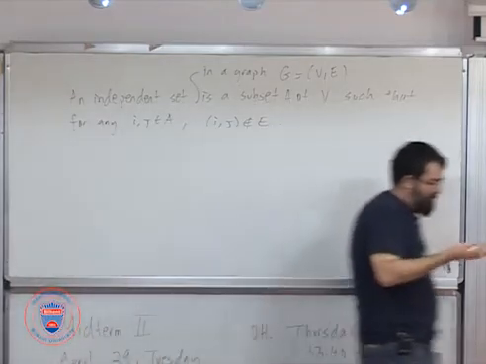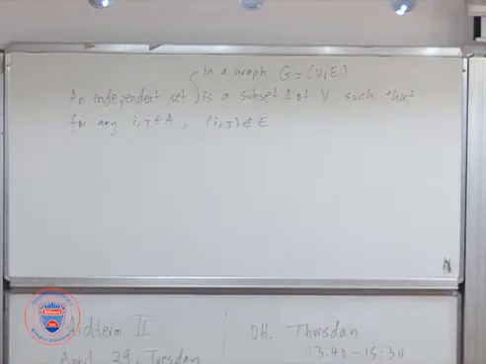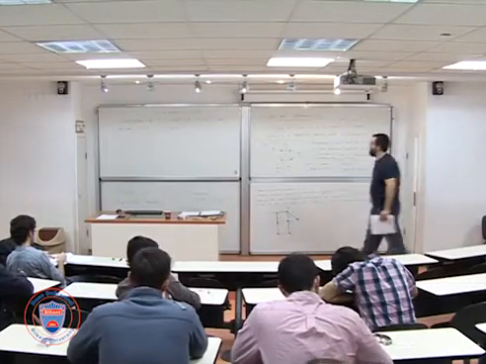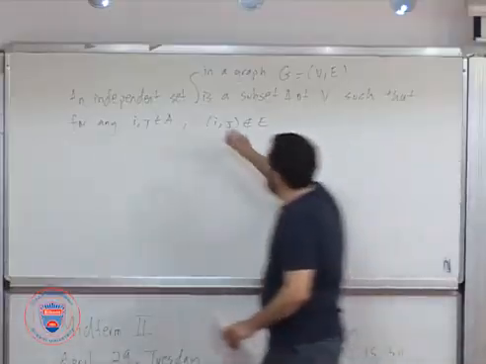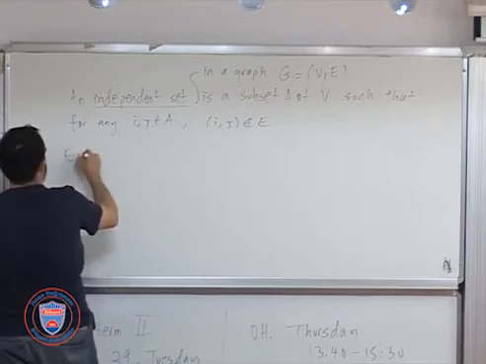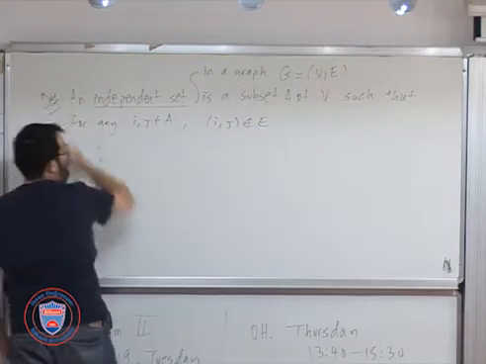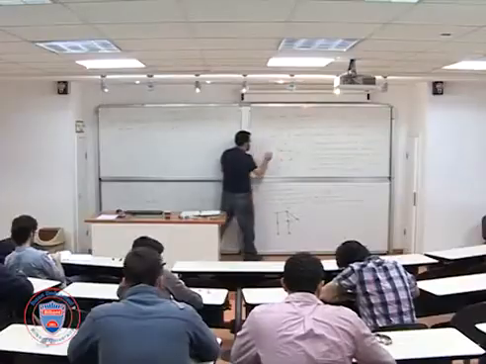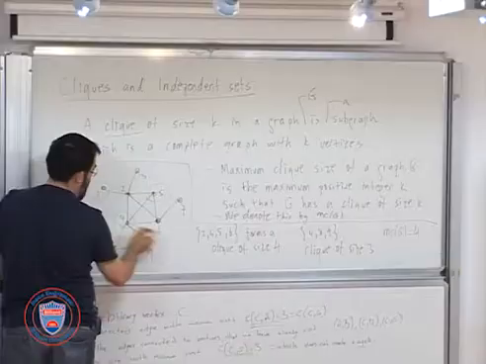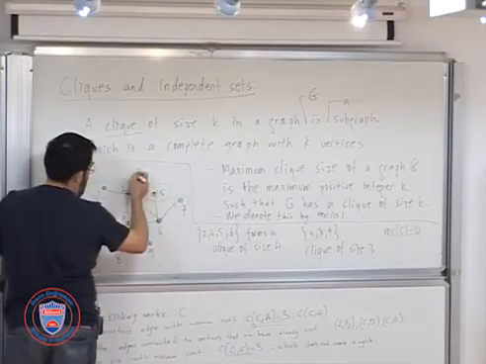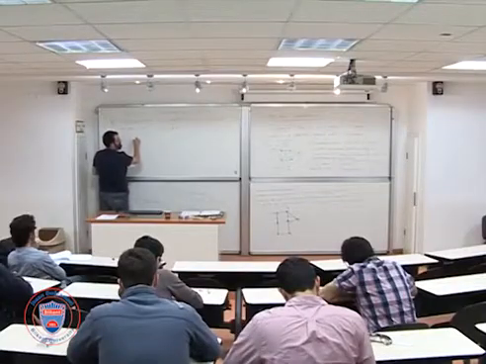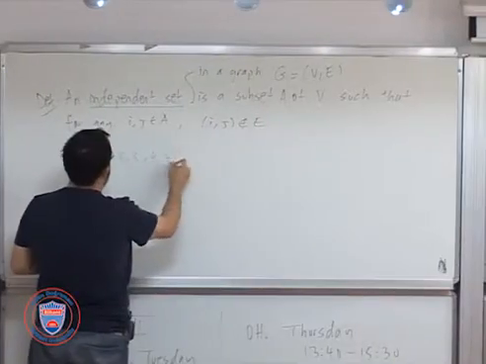So if you take two vertices in the set, you know that there is no edge between them. They sit independently inside your set. This is the definition. For example, here, if I take 1, 5, 4, 7, and 3, it's an independent set. In this example, 1, 3, 5, 4, 7 is an independent set.